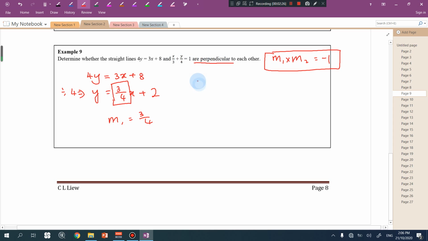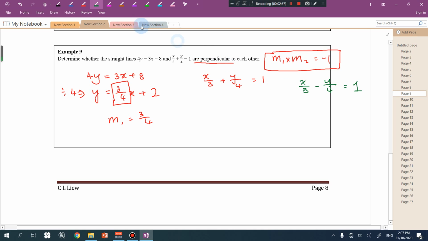Now how about x/3 + y/4 = 1? This is intercept form: this is the x-intercept, and this is the y-intercept. Let's say you have another straight line, x/3 + y/(-4) = 1. This is intercept form as well, but you have to be careful in this case.